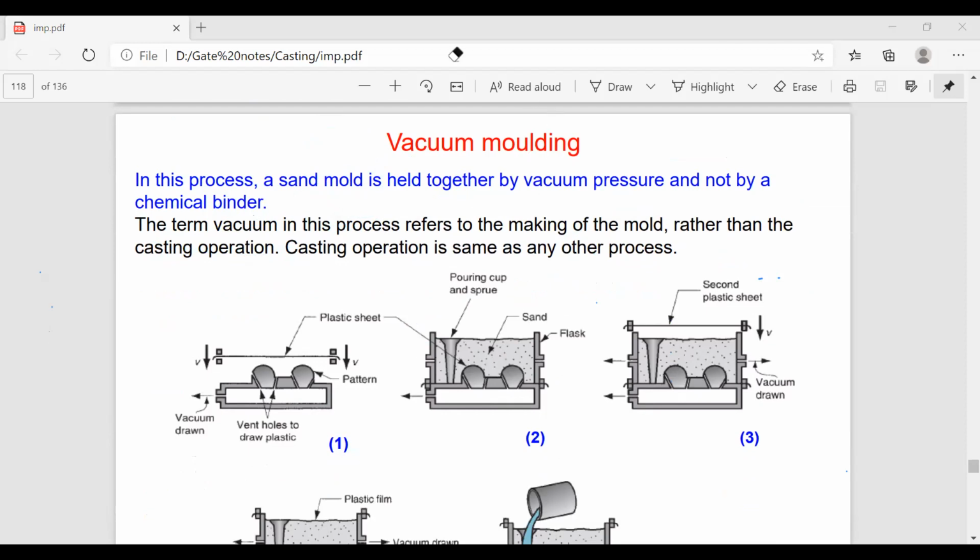But not in the case of vacuum molding. Vacuum molding is held together by vacuum pressure. Vacuum pressure is sufficient to hold the pattern, and the rest of the operation is the same.